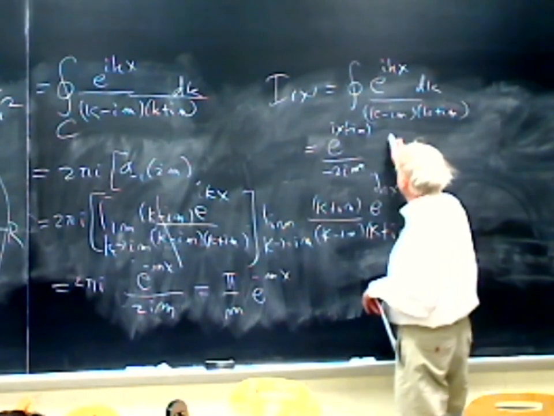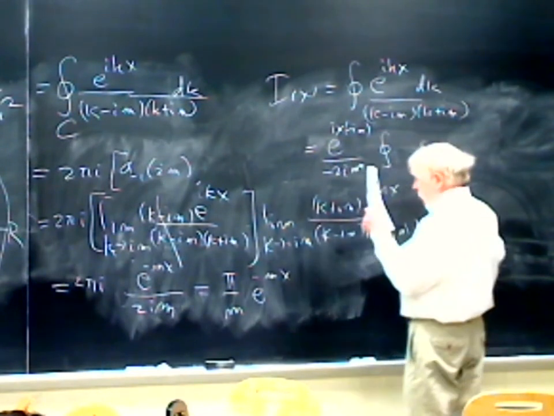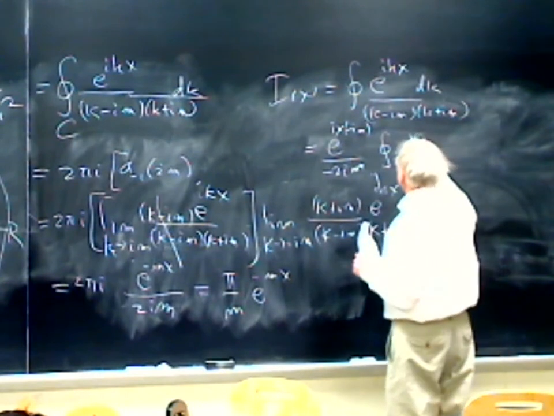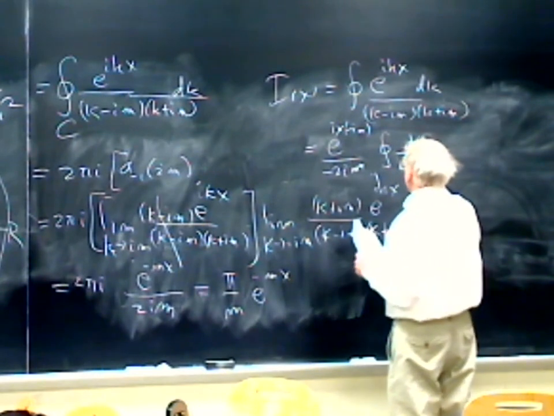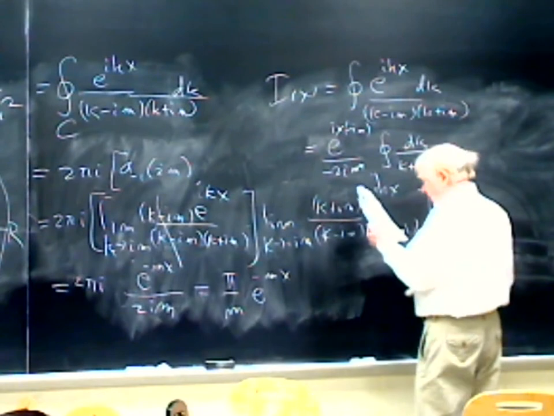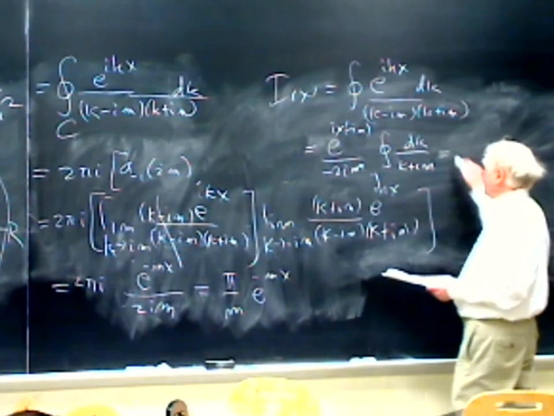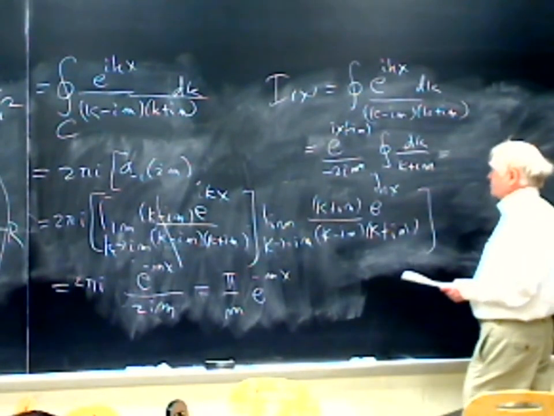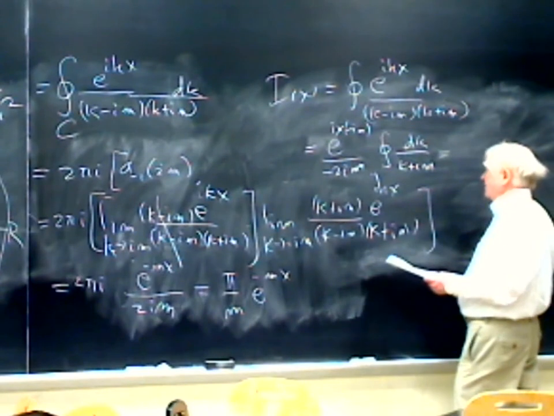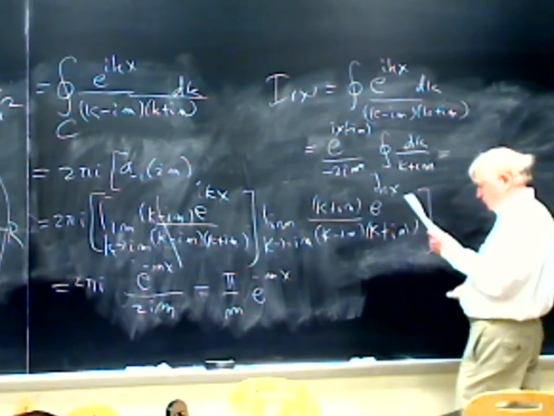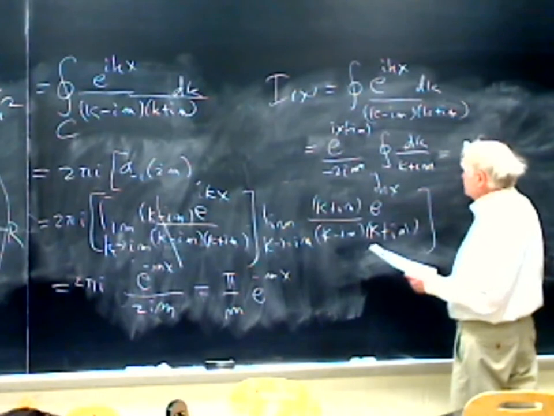And then we have the integral dk over k plus im. And that is just 2 pi i, isn't it?